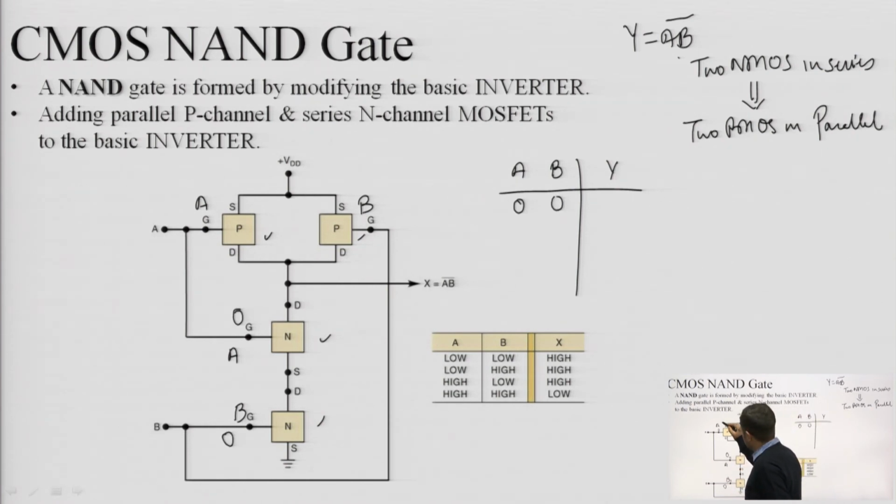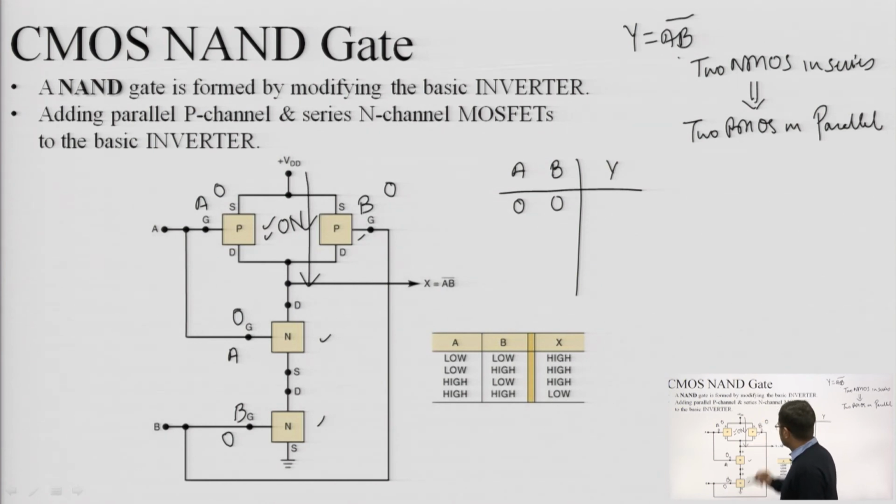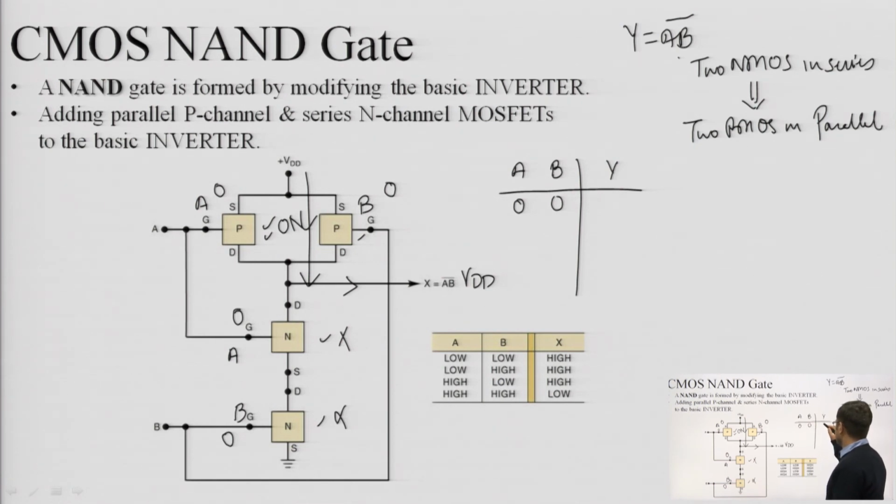We can see that 0 is applied, that means the P type is connected to 0, so P must be conducting, that means both these transistors must be on. So this prepares the path, that means the output will be connected to VDD, and both these transistors will be off, so there will be no ground connection. So for this I will be getting a high or 1 output.